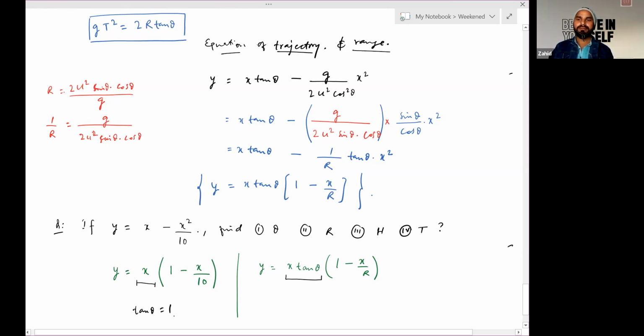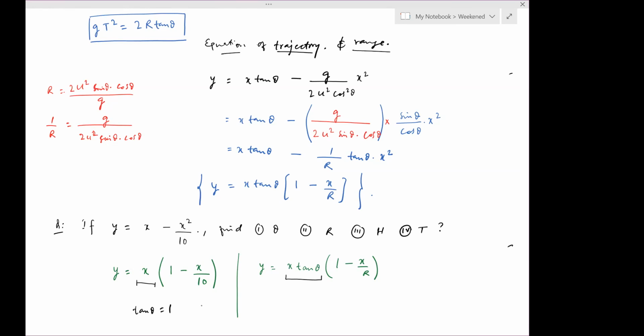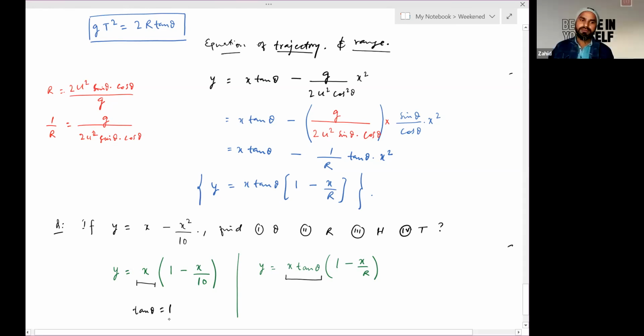Is it clear? Yes, sir. So tan theta is equal to 1. It means theta will be equal to 45 degrees. Similarly, try to equate this bracket part and this bracket part. So you'll get range is equal to 10.